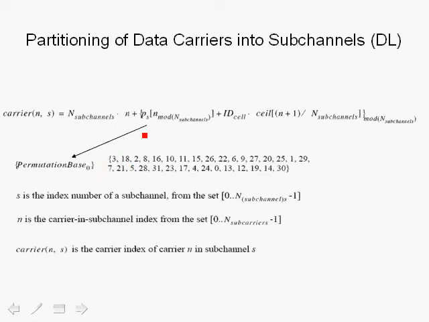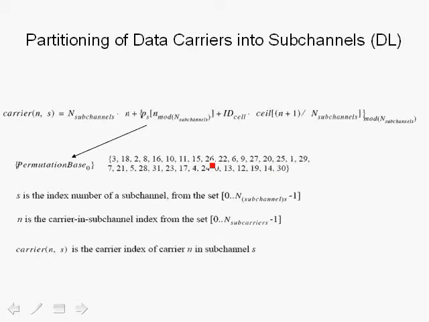Now for subchannel number 2, we shift this cyclically to the left. So for subchannel number 2, the permutation base then becomes 2, 8, 16, and 3 and 8 move over to this location over here. So it's a cyclic shift to the left based on the subchannel. For example, subchannel number 1, 18 shifts to the left, 3 then shifts to this position here, and 30 shifts to this position here.